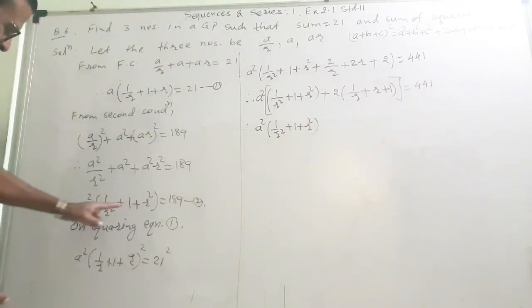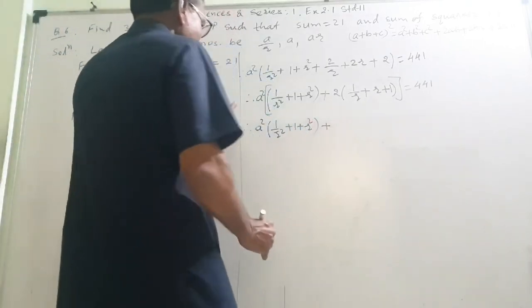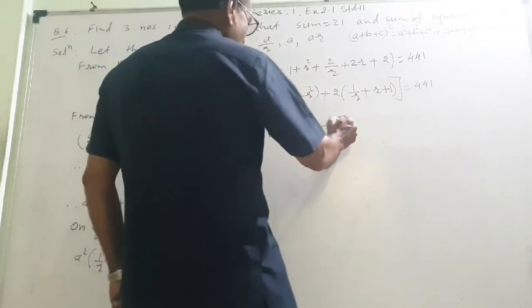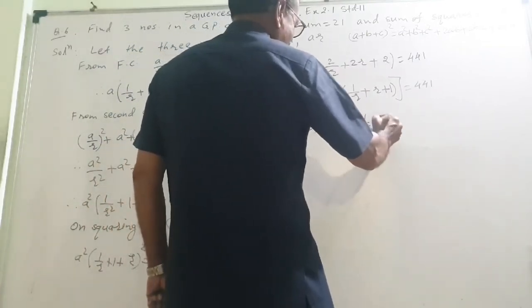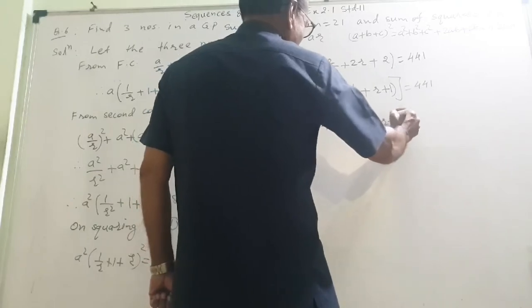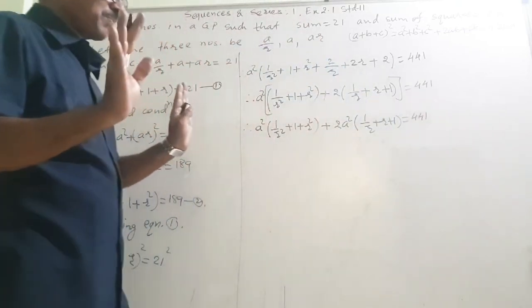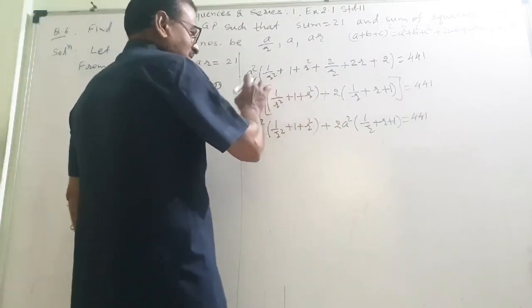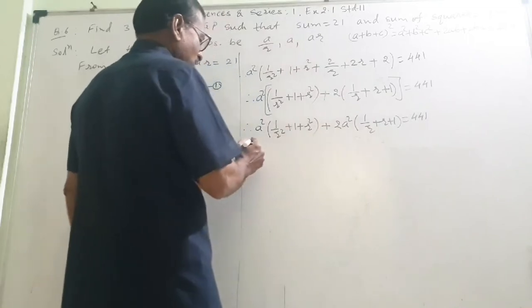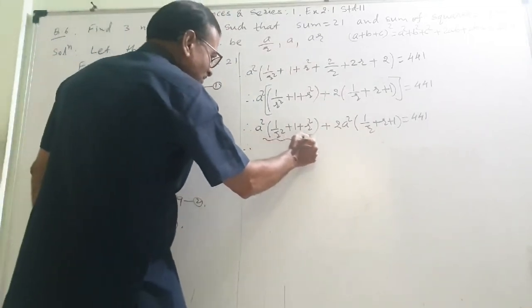Where is it? Here. Plus. Now this A square is multiplied here also. 2A square into 1 upon R plus 1 is equal to 441. This is just the adjustment part. This A square is for this also. This A square is for this also. Therefore, what is the value of this?